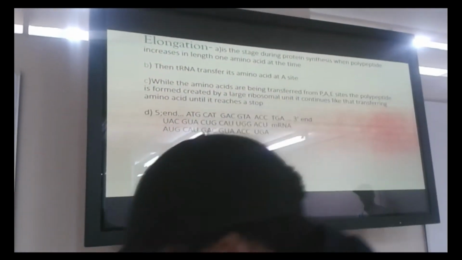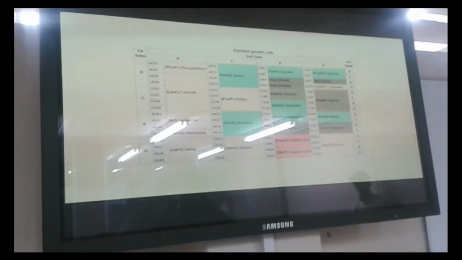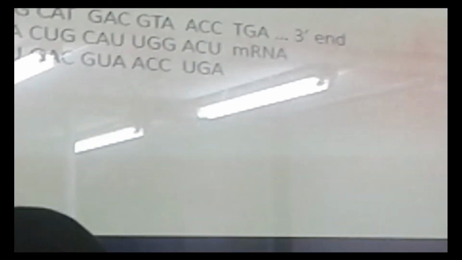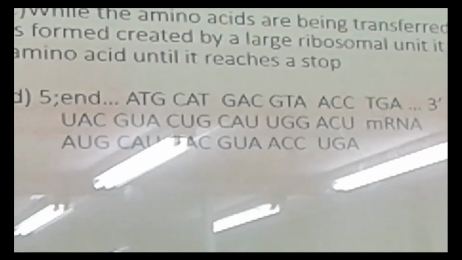This is the first amino acid. You look at the genetic code table, and you see AUG is methionine, and then you write the amino acids. It depends on which anticodons they have, and then you write the amino acids for them, because transfer RNA transmits amino acids.